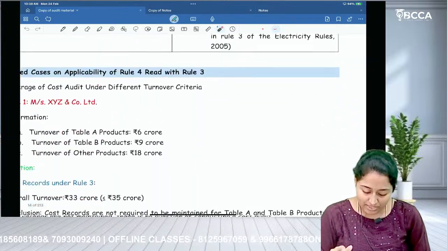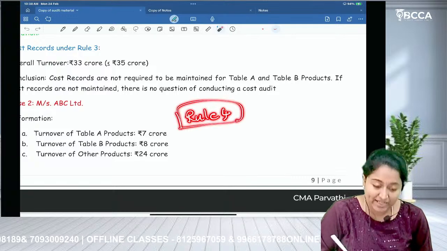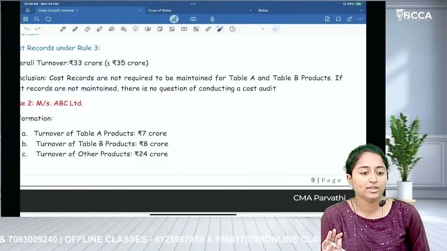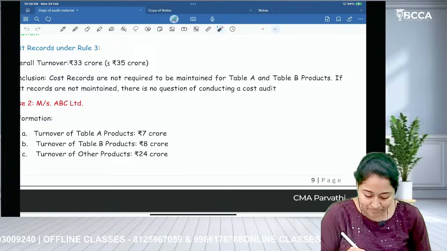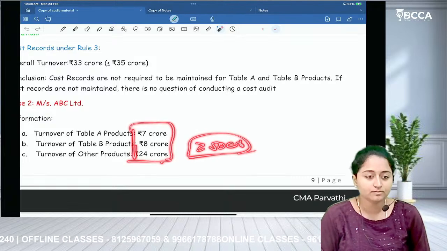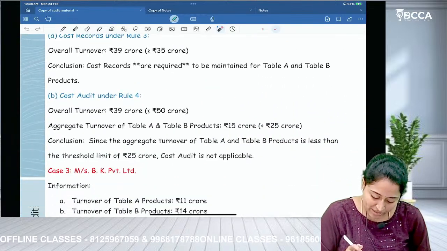Now, coming to rule 4. First, we'll see regarding regulated sectors. Now, what should be the overall turnover? More than or equal to 50 crores should be the overall turnover. Now, is the overall turnover more than or equal to 50 crores? No. So, the overall turnover is not more than 50 crores.